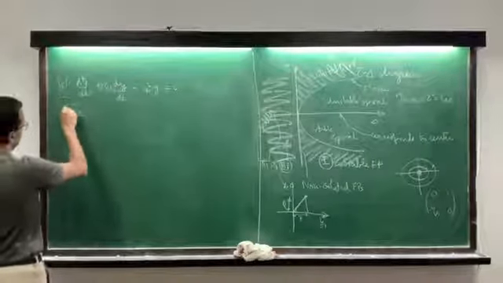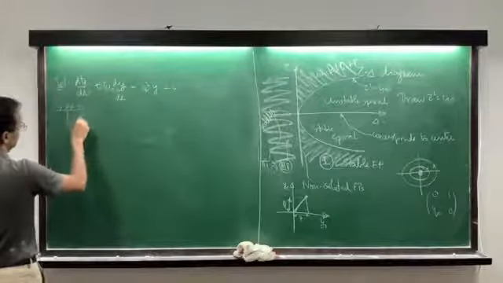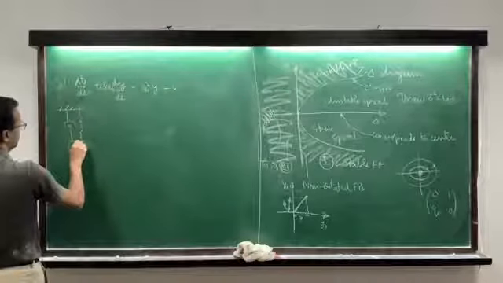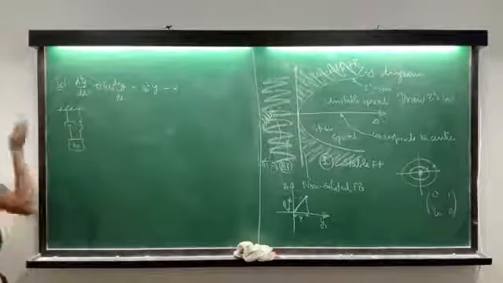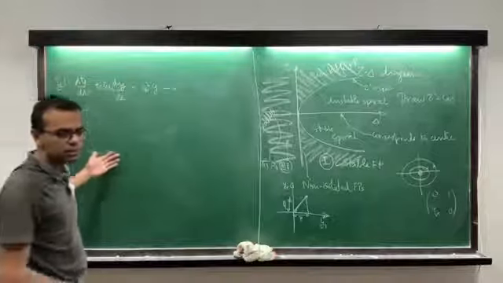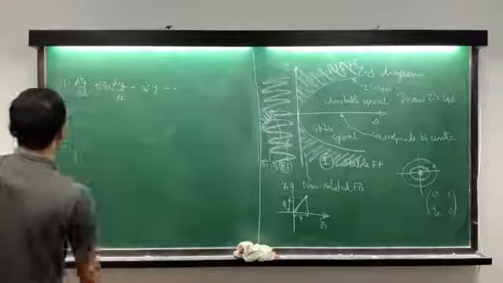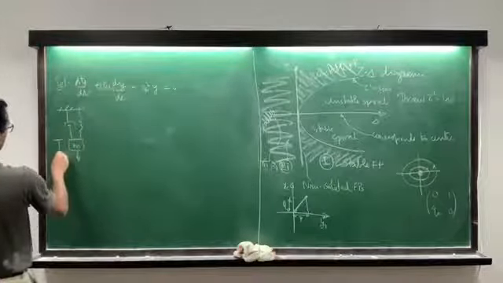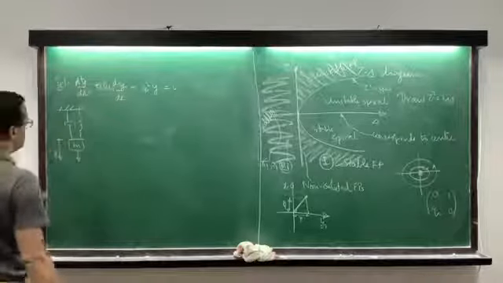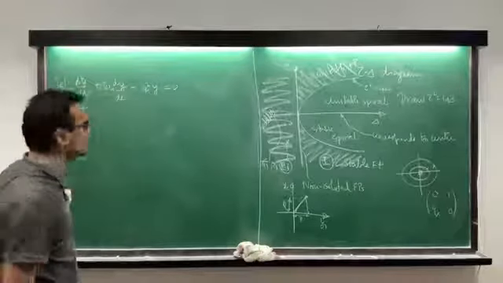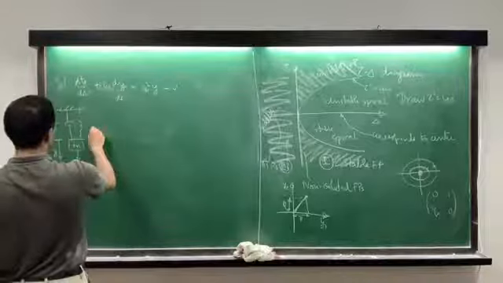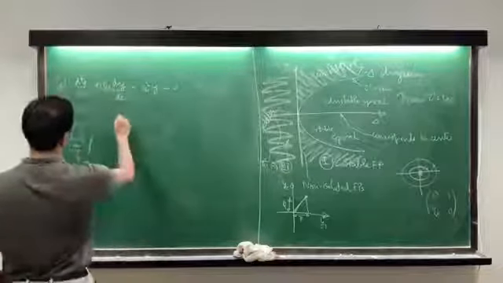If you have a system like this, you have a damper, you have a spring, and then you pull and you let go. So it's free oscillation of the spring mass damper system. Okay, and here you are measuring y from some datum where the spring is unstretched.